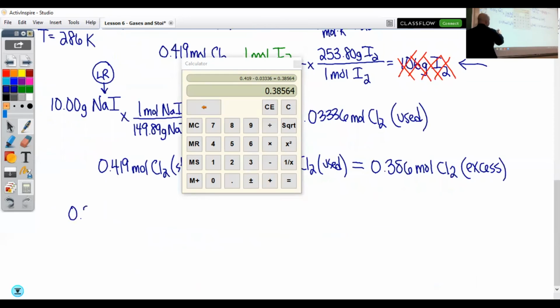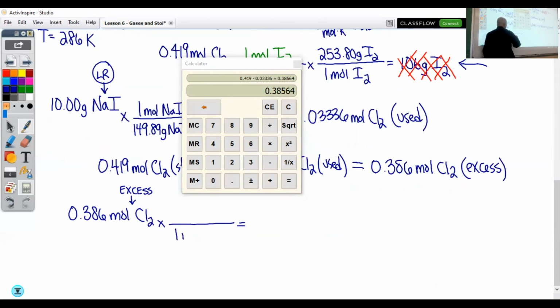We have 0.386 moles of Cl2. This is our excess amount. We're going to convert this into grams. So 1 mole Cl2, the molar mass of 70.90 grams of Cl2. 35.45 off the periodic table.